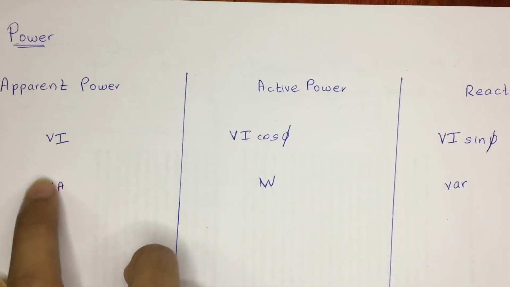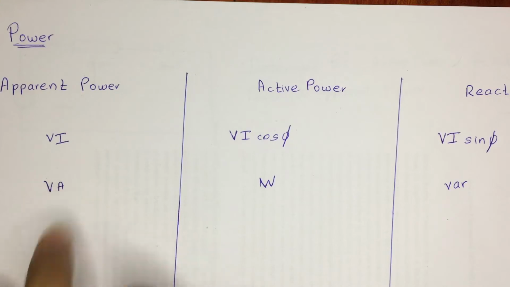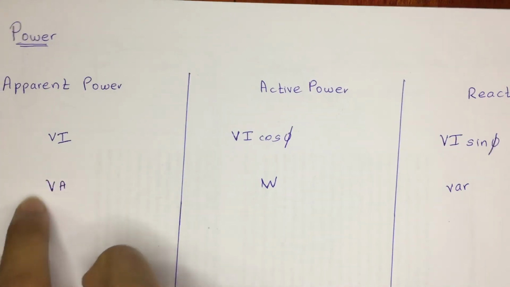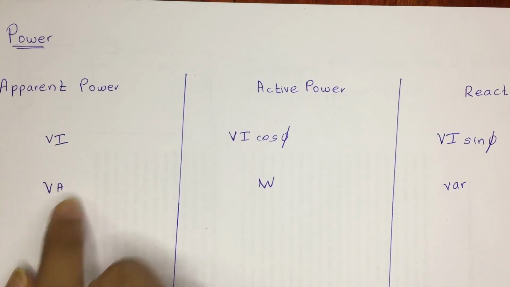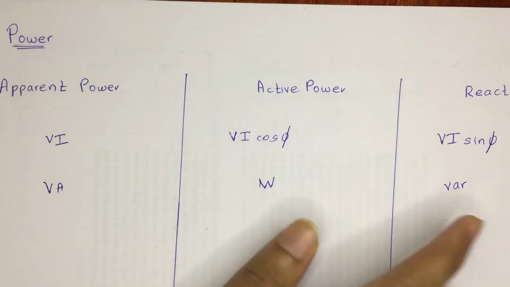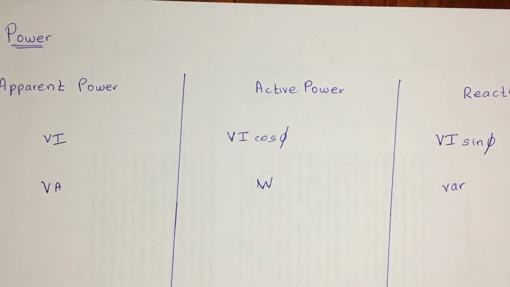And when you are considering the Vi, the apparent power, it is written in VA, which simply means volt ampere, and this is watt, and this would be volt ampere reactive. Reactive simply means it's going to store that energy and return that to that electrical circuit. So these are the things you need to know.